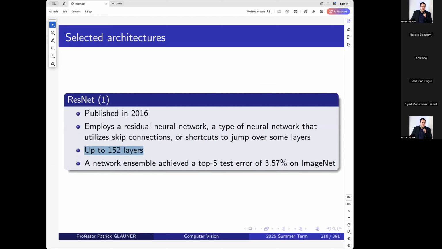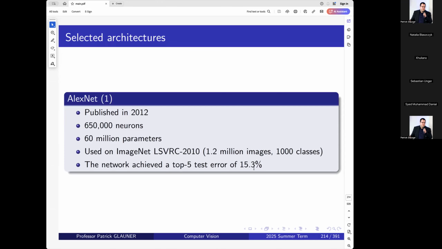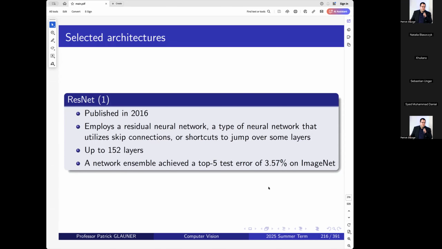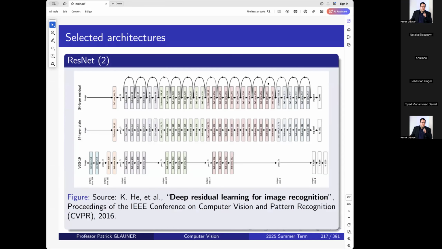There were different variations of the ResNet, one with up to 152 layers, and that network just 4 years later had an error of 3.57%, a test error on ImageNet, top 5 test error. So before it was, as you saw, 15%, and just 4 years later, less than a fourth. So dramatic progress in a short amount of time.